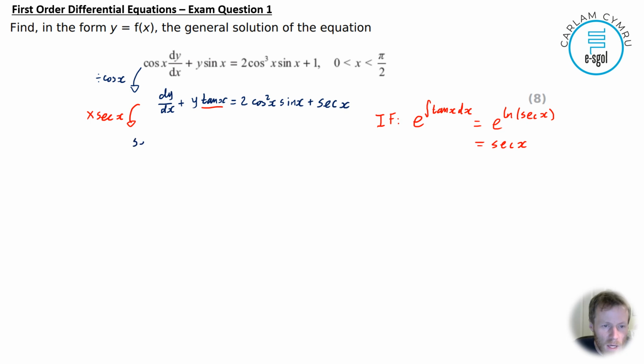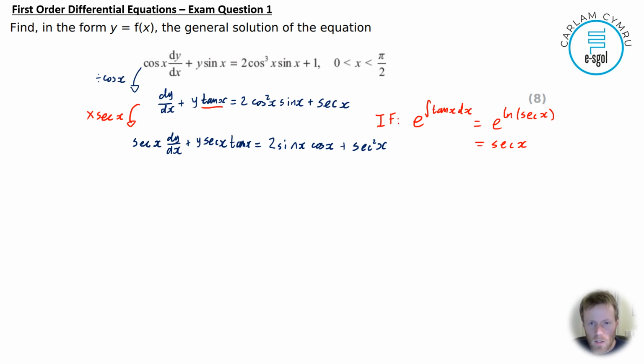So we get sec x dy over dx plus y sec x tan x equals, now sec x is the same as 1 over cos x, so this is going to give us 2 sin x cos x plus sec squared x.